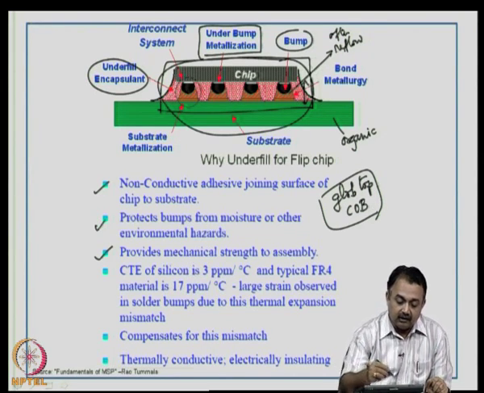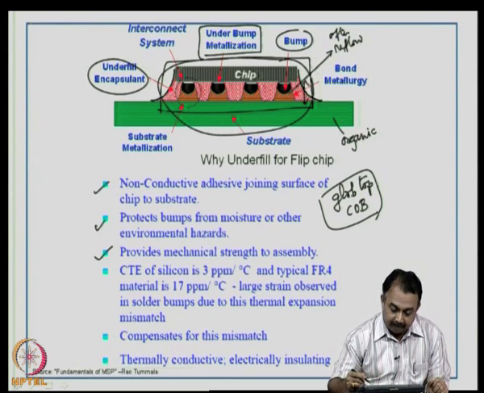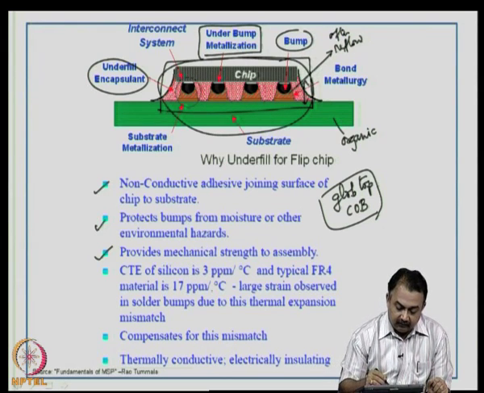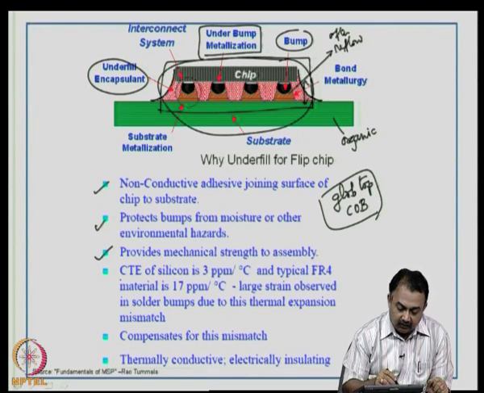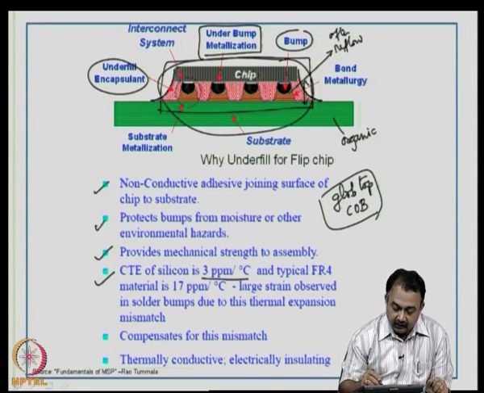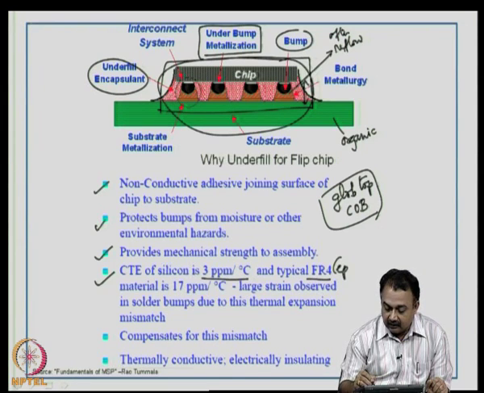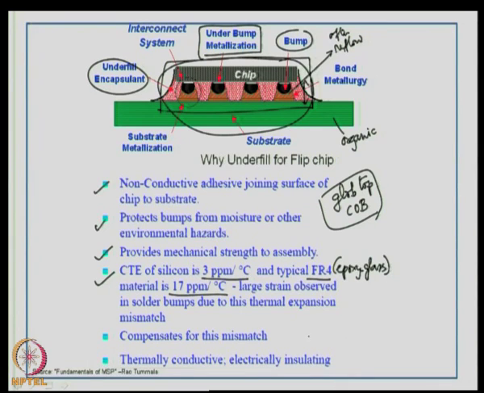So, this is a configuration of flip chip on board. You can see what I talked about thermal mismatch: the CTE or coefficient of thermal expansion of silicon is 3 and that of FR4, which you can take as epoxy glass composite, is about 17 ppm. So, a large strain is observed during operation because of this huge mismatch in CTE.